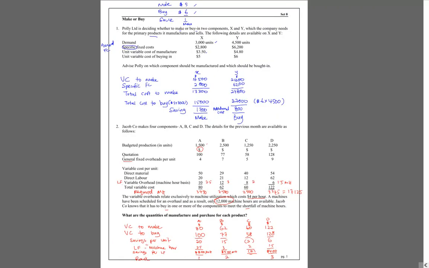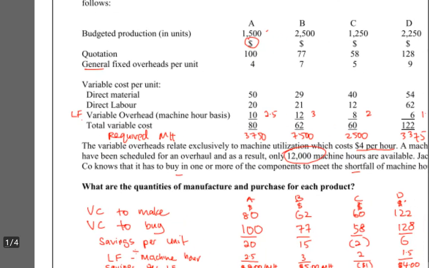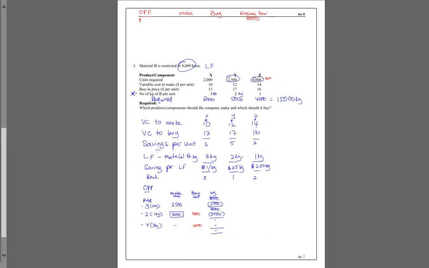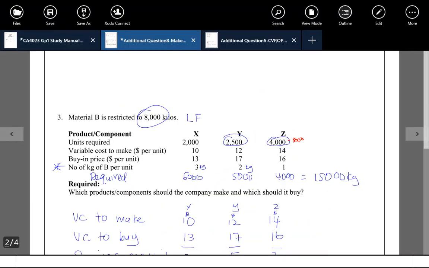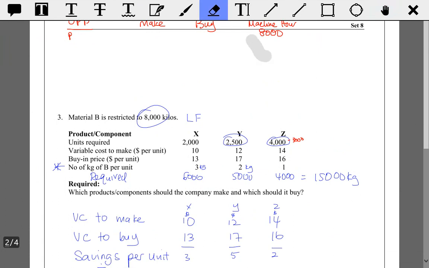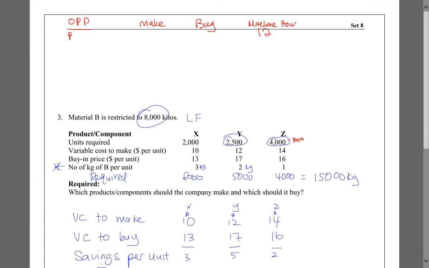Okay, how many? Which one first? A. 2.5 machine hours.